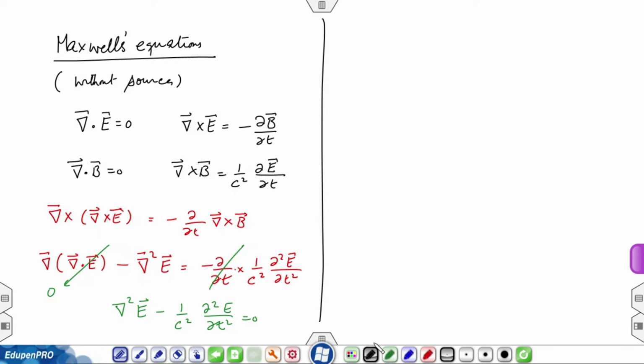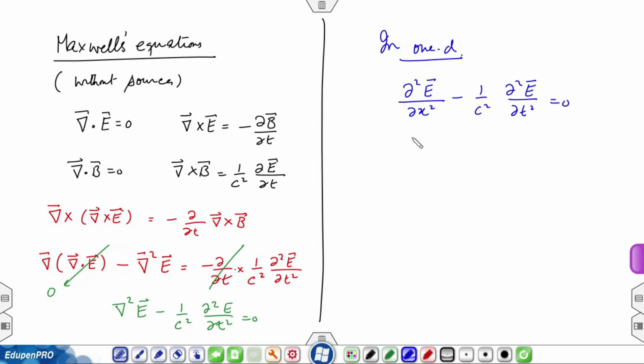In 1D, this will become d 2 E by dx square minus 1 over c square d 2 E by dt square equals 0, right, where E is a function of x and t both.